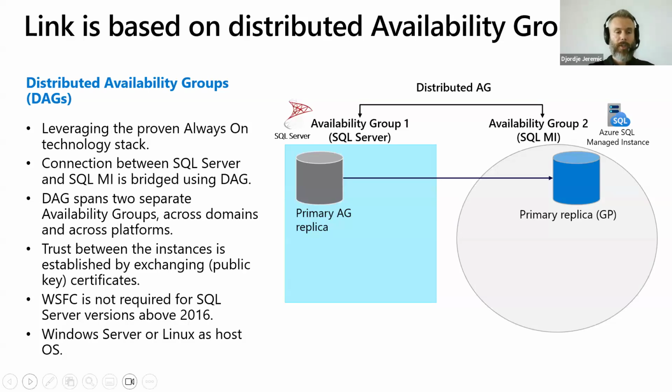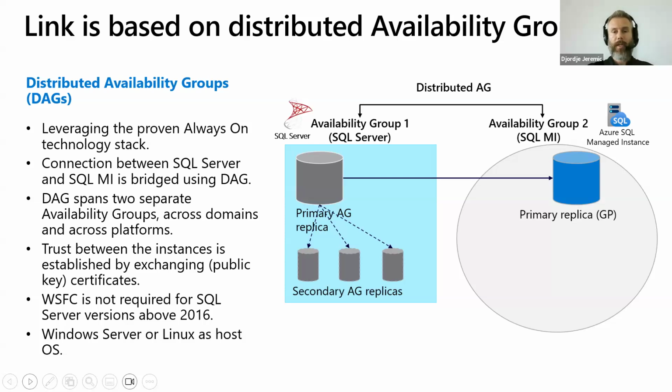Also, as you already know, distributed availability groups connect availability groups. Your availability group on-prem can have one or more replicas, one primary and multiple secondaries. On the SQL MI side, availability groups are fully managed, because managed instance is a fully managed server.